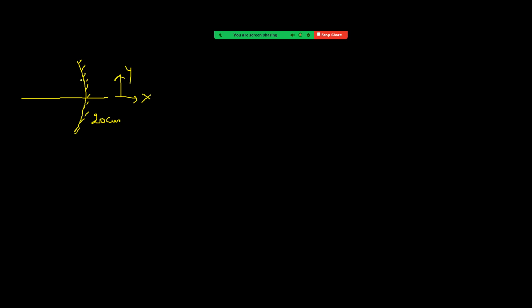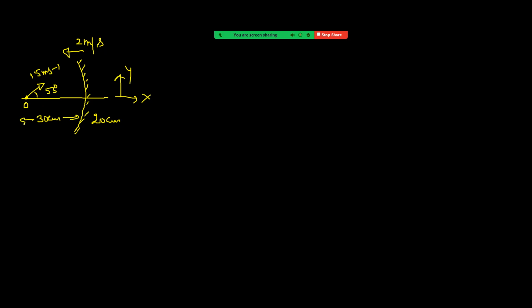The mirror is moving with a velocity of 2 meter per second, and the velocity of the object is making an angle 53 and its speed is 15 meter per second, and its separation is given at one instant, that is 30 centimeter.